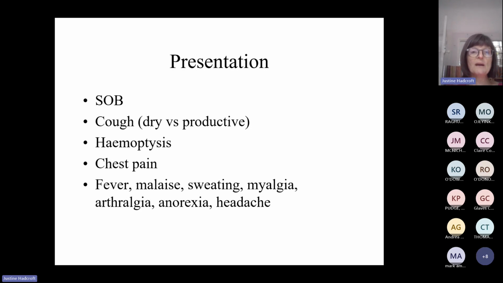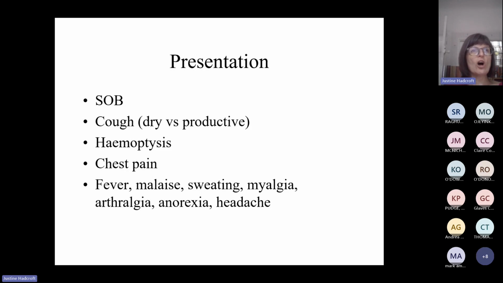Chest pain, usually pleuritic. The reason that people get pleuritic chest pain is that pneumonia is inflammation of the lung. If the inflammation extends out to the lung edge and involves the pleura, then you get inflammation of the pleura, and the pleural surfaces will rub against each other as the patient breathes in and breathes out, and that makes this pleuritic chest pain.